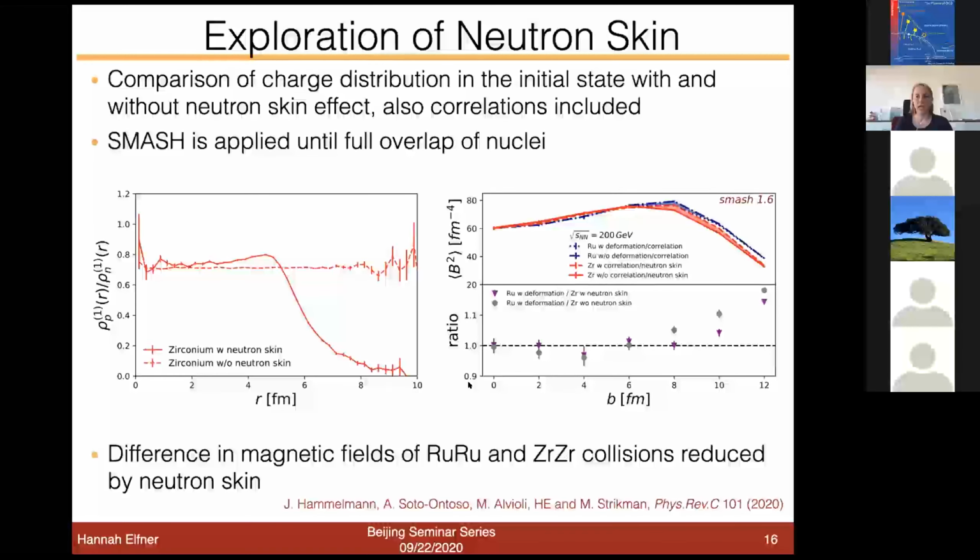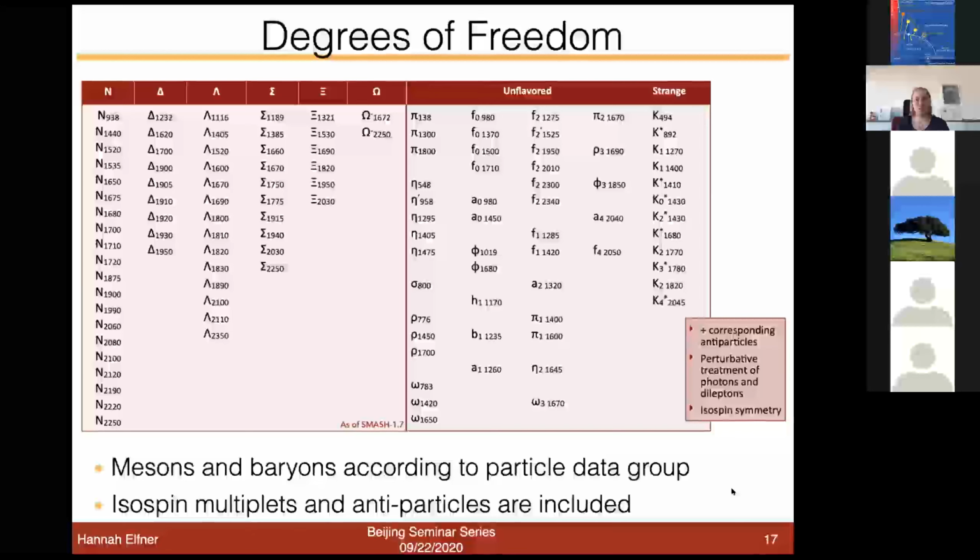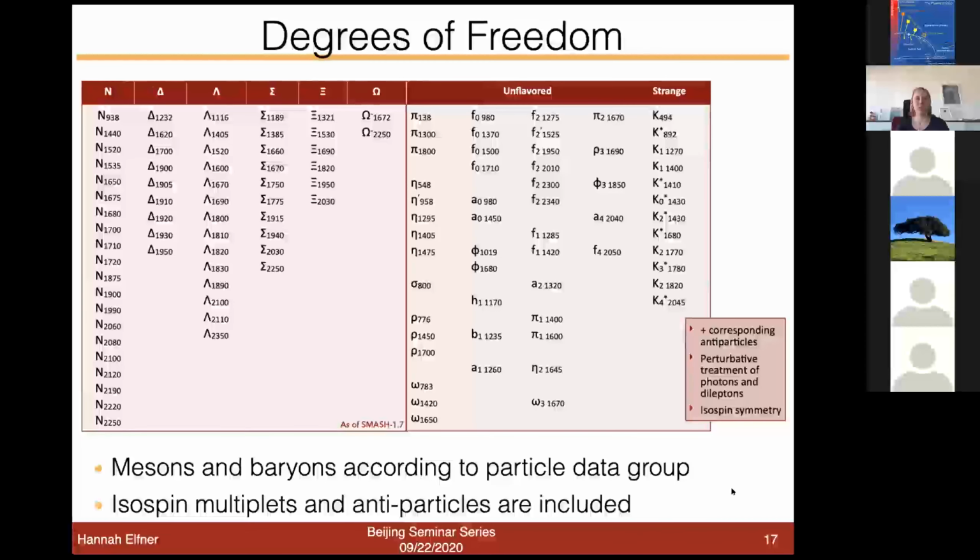And then I promised the list of degrees of freedom. So this, of course, is also adapting and changing over time. But I think at the moment this list has been stable for a year or so by now. So we have quite a bunch of resonances, and in particular in the mesonic sector. Also, this is a much more extensive list than in the UrQMD approach, for example.